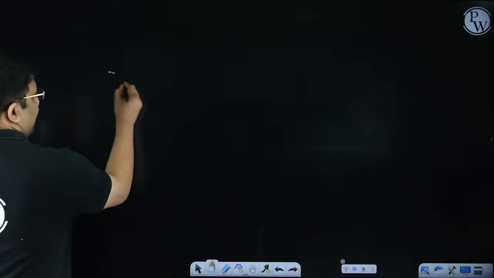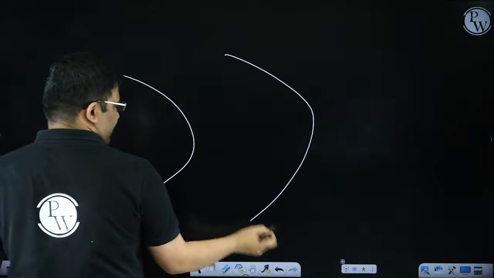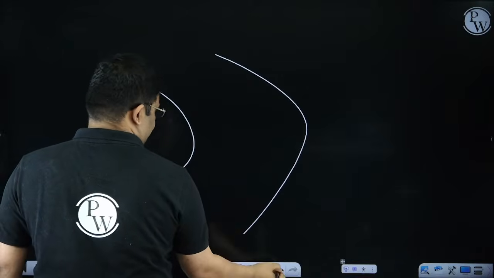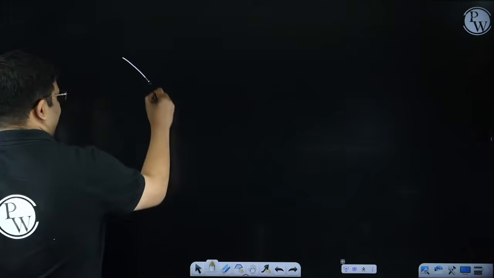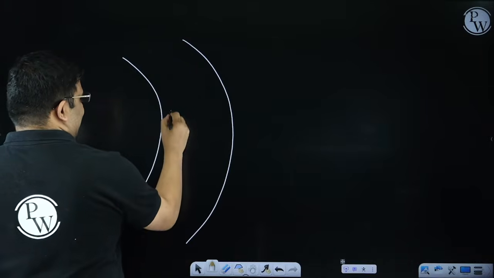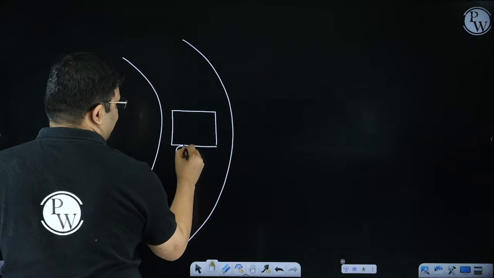Suppose the vehicle is traveling on this horizontal curve.